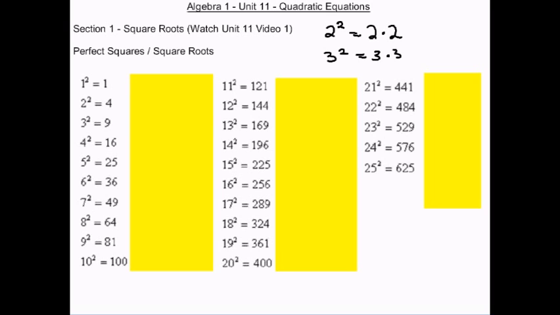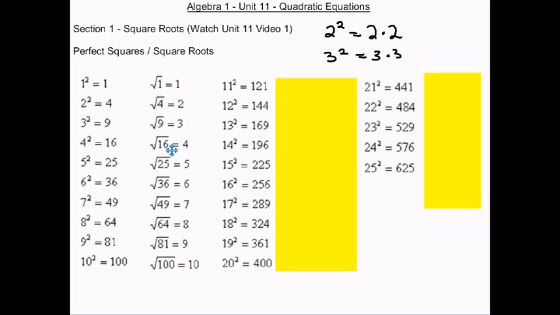And the reason that you want to memorize these is because if 1 squared equals 1 and 14 squared equals 196, we can use that information to take the square roots of numbers.